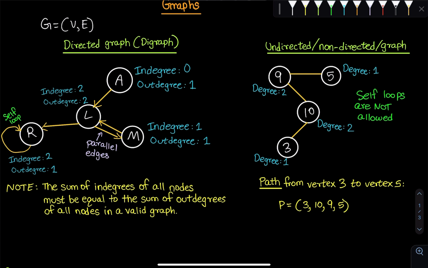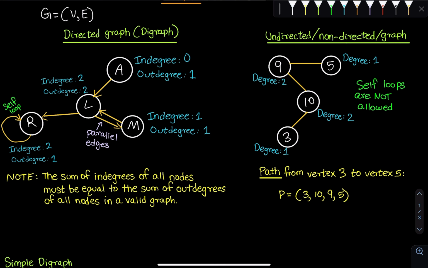In this case, vertex 10 has a degree of 2 because there are two edges connecting vertex 10 to other vertices. Self loops are not allowed in an undirected graph.